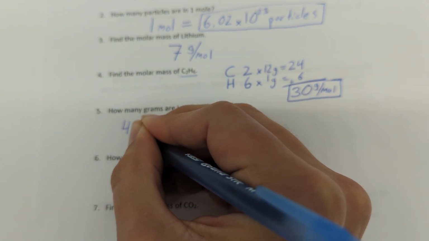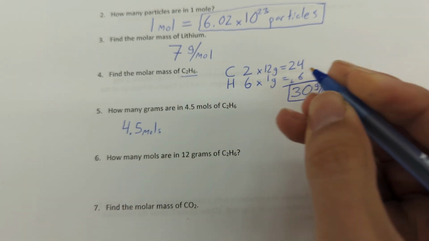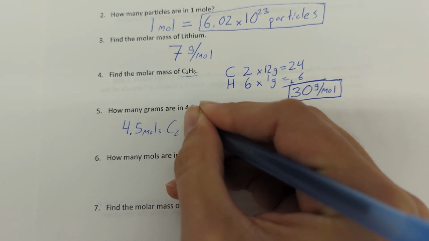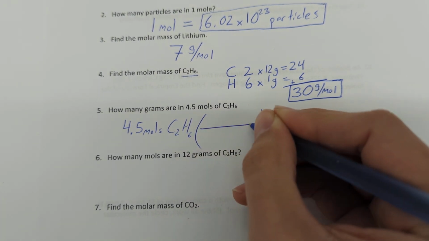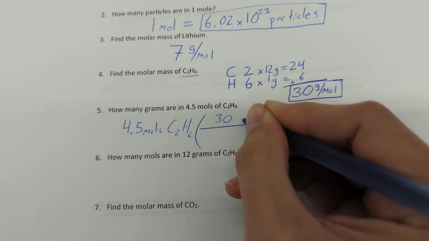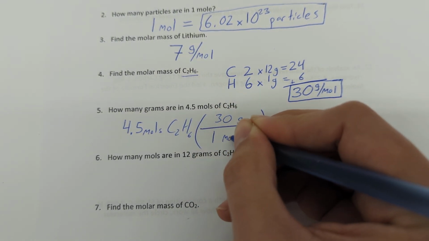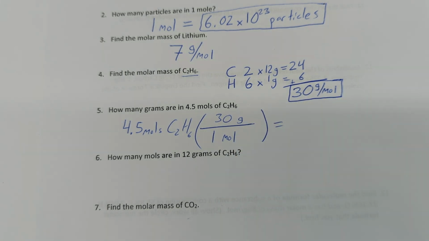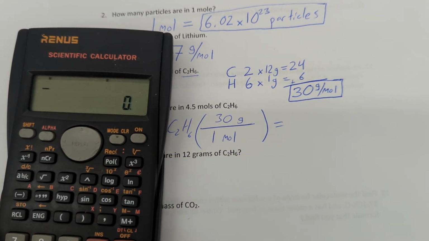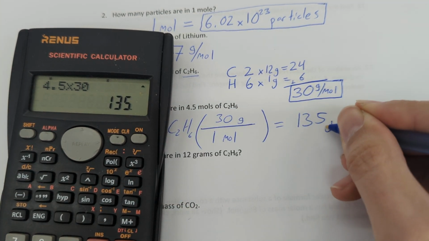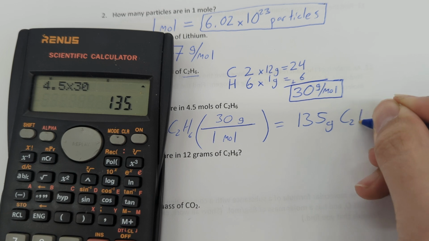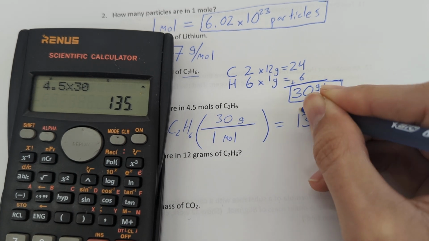So we write 4.5 moles of C2H6, and multiply it by the 30 grams per 1 mole. On the calculator, 4.5 times 30 gives us about 135 grams of C2H6.